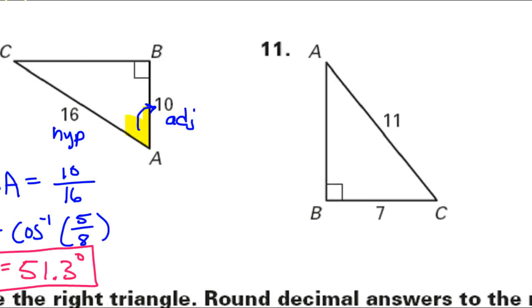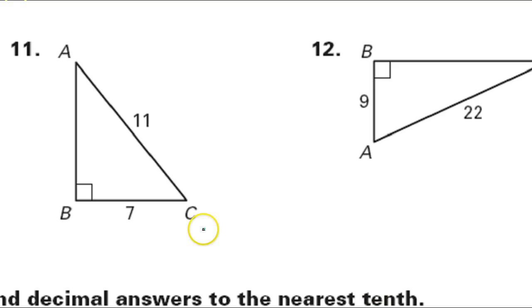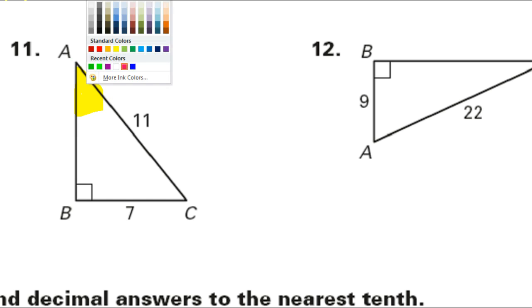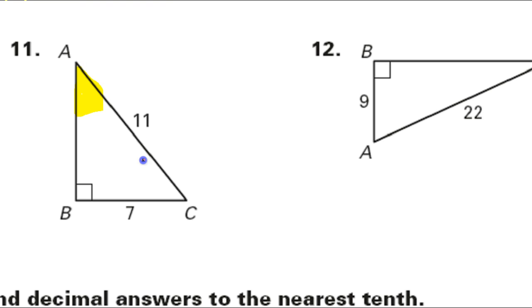Okay, two more. Look at number 11. Once again, we're still finding the measure of angle A. So, before we go any further, are either of these the hypotenuse? Sure, the 11 is the hypotenuse. Okay, now how about the 7?